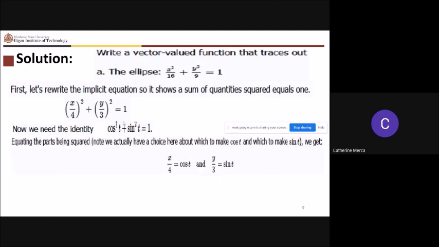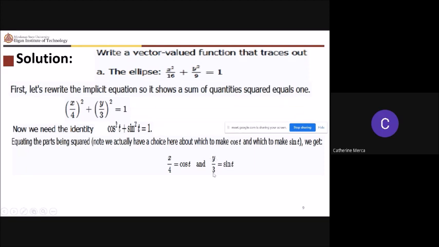When we equate the parts being squared, cosine squared t corresponds to x over 4 squared. So cosine t is equal to x over 4, and sine t is equal to y over 3.